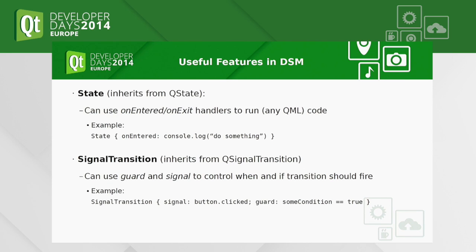For the SignalTransition, that's also a special type inheriting from QSignalTransition. This one can use a guard and a signal condition to control when and if a transition should actually fire. So, for example, you say SignalTransition, say this should fire as soon as button clicked got emitted, but only if some other condition evaluates to true.